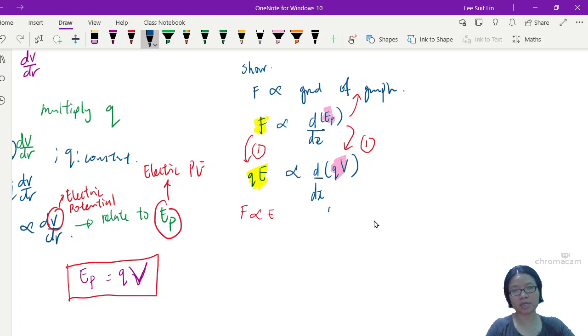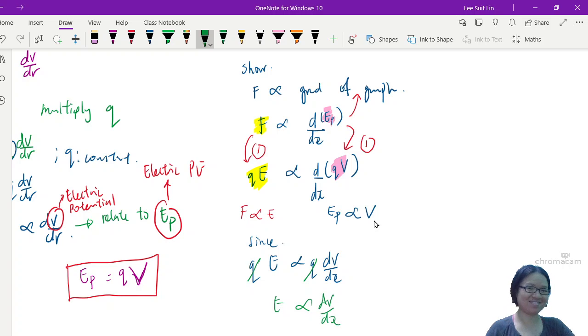Second mark here, electric potential energy is proportional to potential difference, and hence since E is proportional to dV dx, because you see I can take out the Q there, the Q are the same, this is the same charge Q. So we're going to start from the bottom and relate back to here, because they are asking you to show this. So you're going to start from this and arrive here.